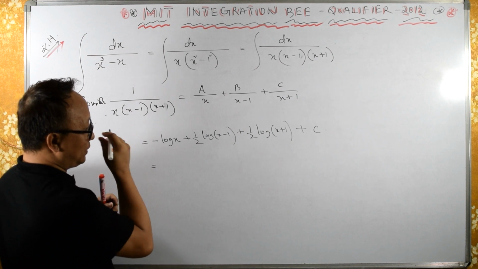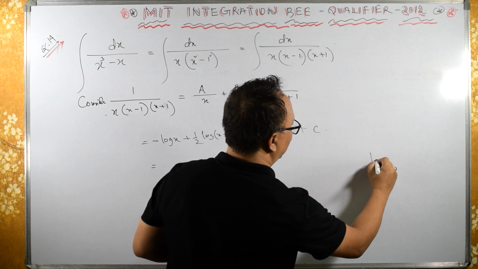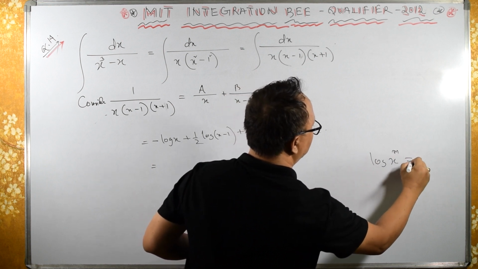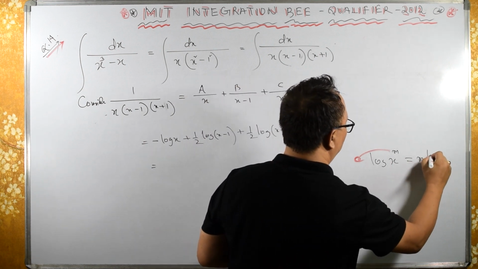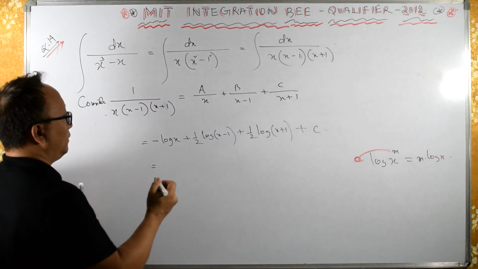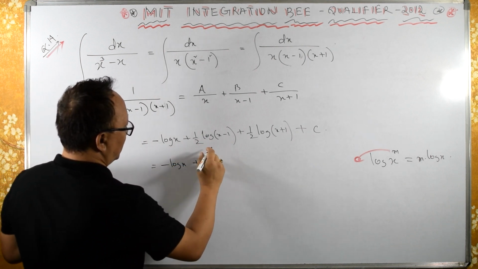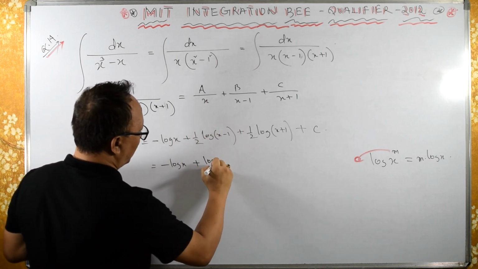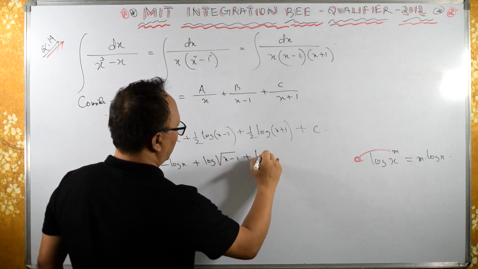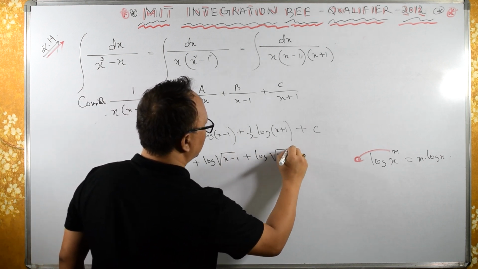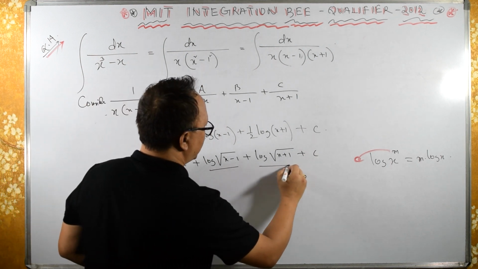This half I can bring inside, because by the log property, m into log of x is log of x raised to m. Therefore it is minus log of x plus log of square root of x minus 1 plus log of square root of x plus 1 plus C.